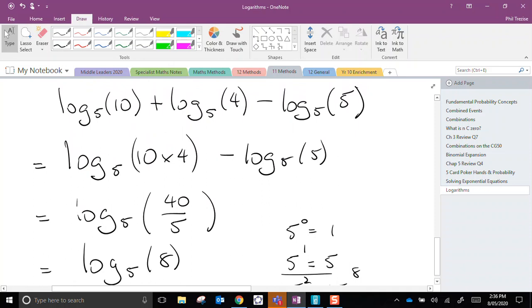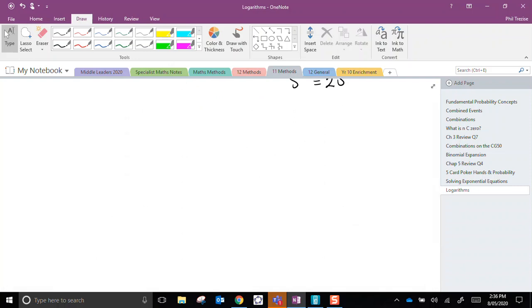Now let's take a look at another one. The next one that I'd like to look at is slightly more complex, but applying the same ideas.